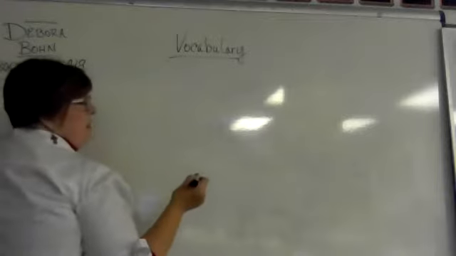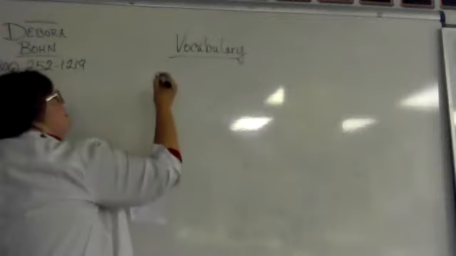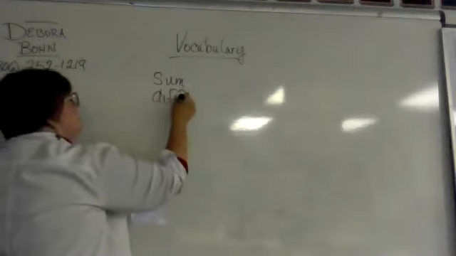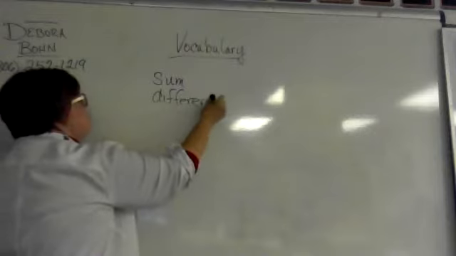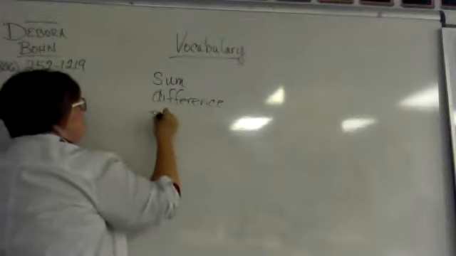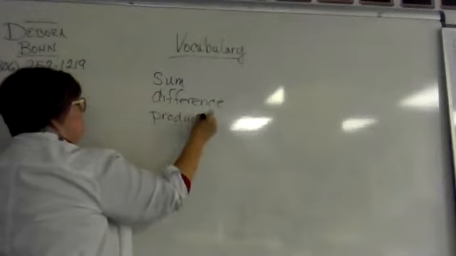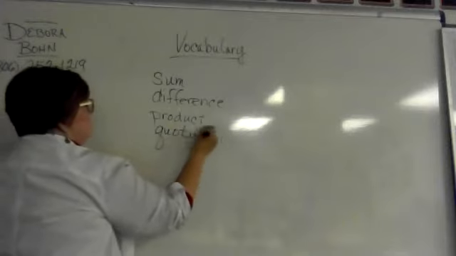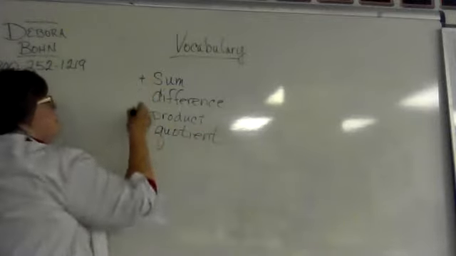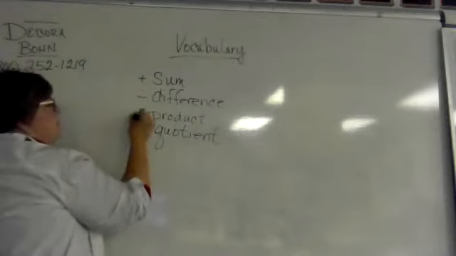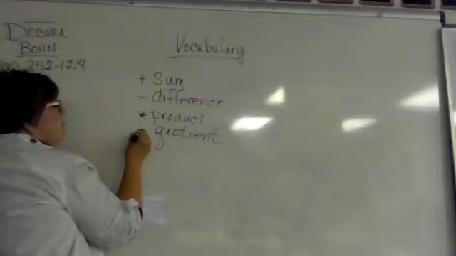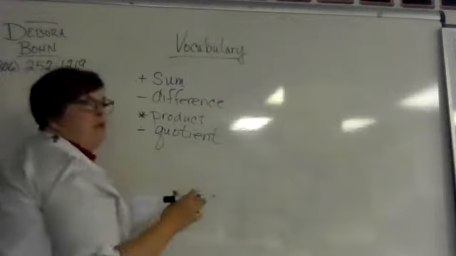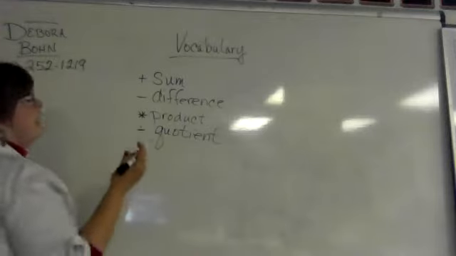The things that I want to point out today, again, is if you see these words in a word problem, product and quotient, we know that this refers to plus, this refers to minus, this refers to multiply, and this refers to divide. These are answers for these problems. But if you see these in a word problem, it will help you so much.